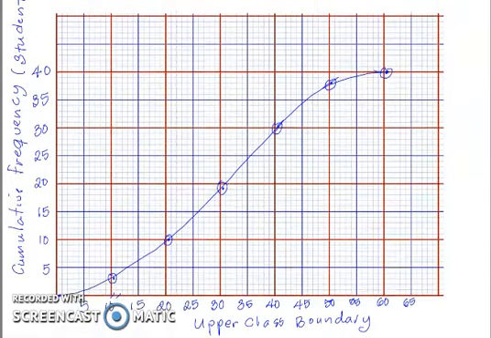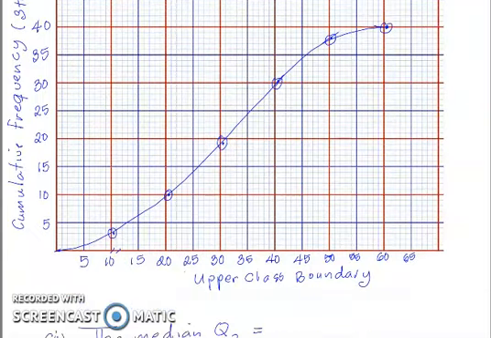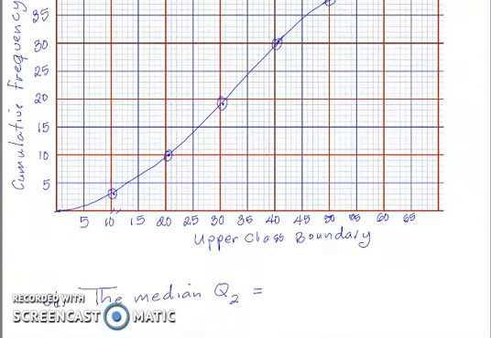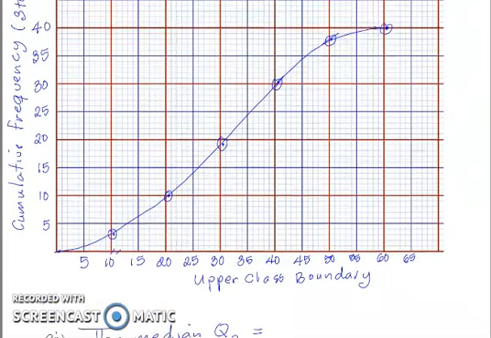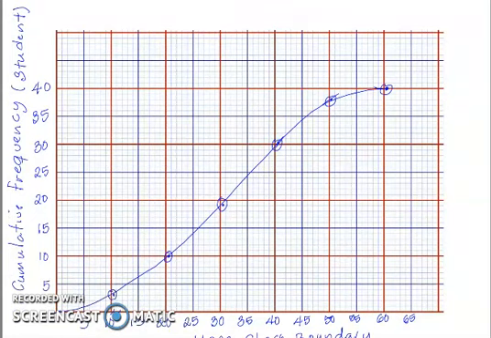All right. Now let's just use the curve to answer some questions. The first thing we're asked is to determine the median. We could go back up to the previous page, that's where the questions are.